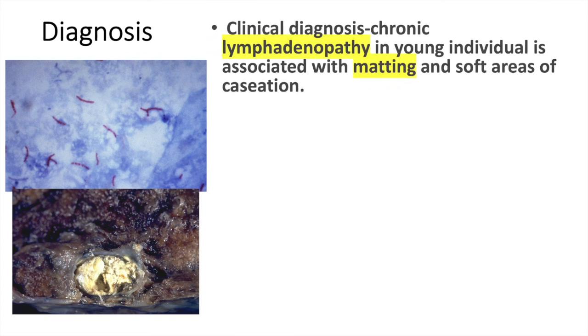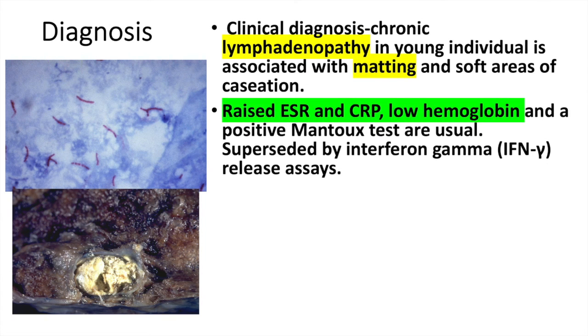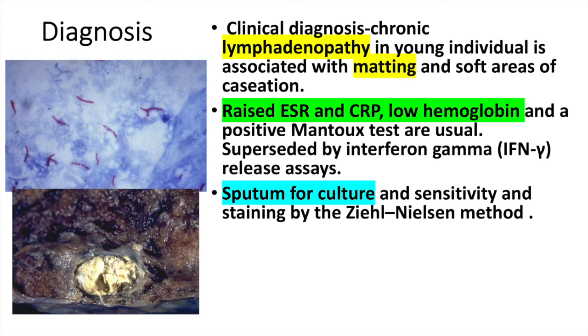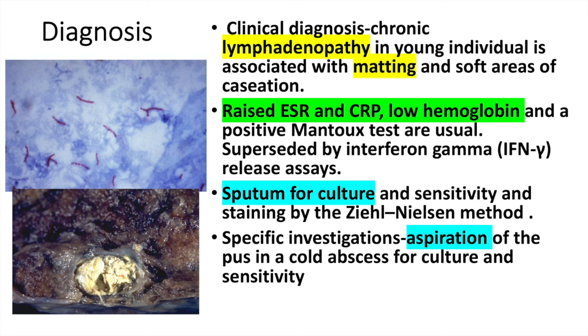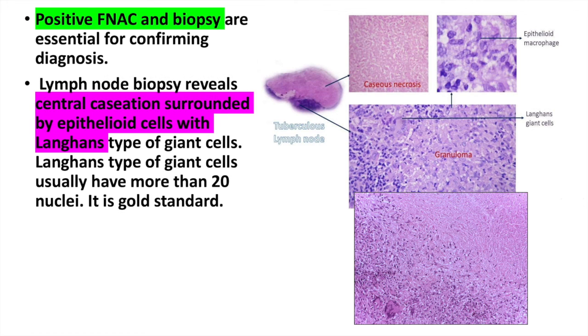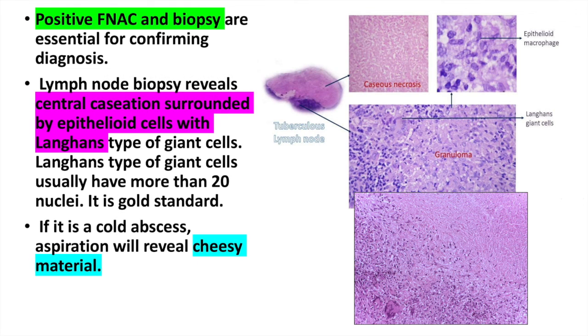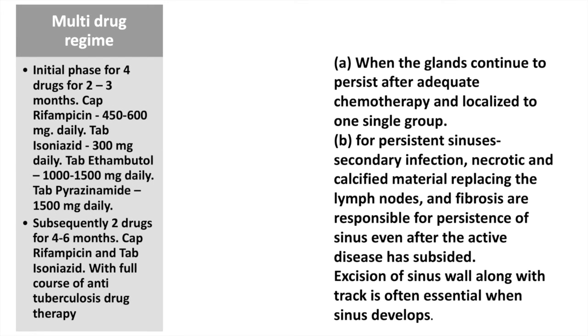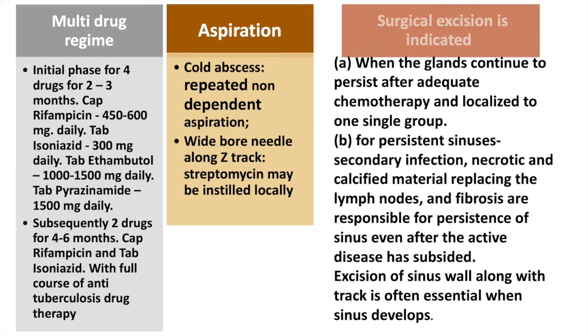We moved on to the diagnosis, which included the clinical diagnosis, tests such as raised ESR, CRP, and low hemoglobin, tuberculin sensitivity test, sputum for culture, Ziehl-Neelsen staining for acid-fast bacilli, aspiration and excision biopsy, the gold standard being lymph node biopsy and positive FNAC. In the treatment, we saw the multi-drug regimen, aspiration of cold abscess, and surgical excision when indicated.